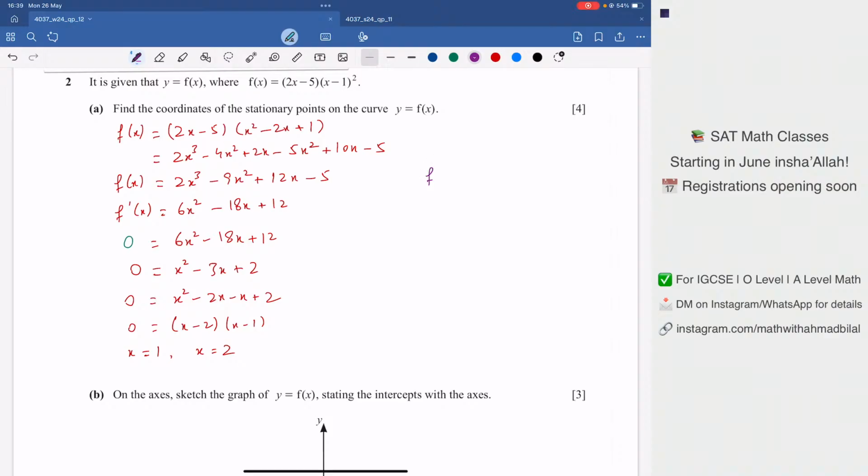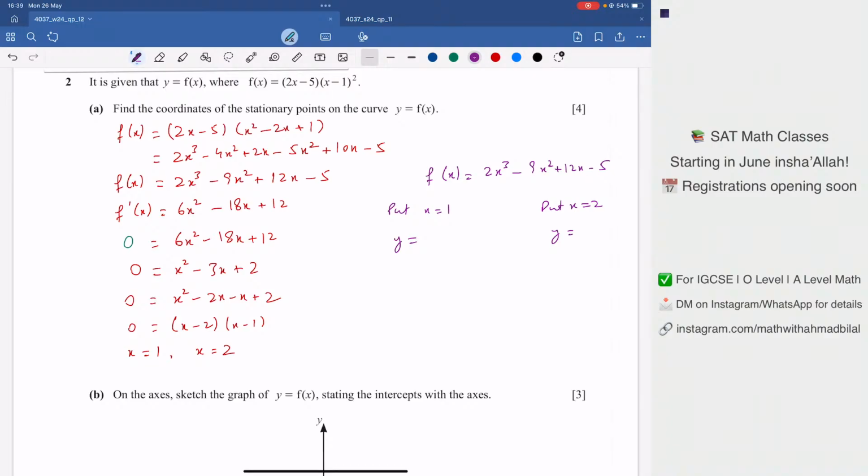F of x is equal to 2x cubed minus 9x squared plus 12x minus 5. Now in this, you just input x equal to 1 once, and then you input x equal to 2 and see what corresponding values of y you get from that.